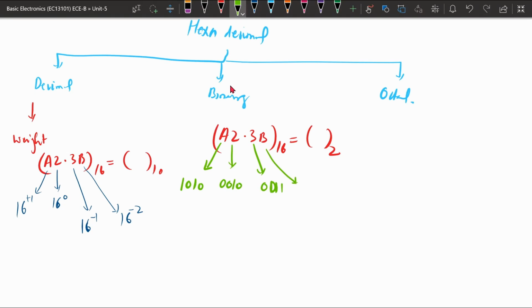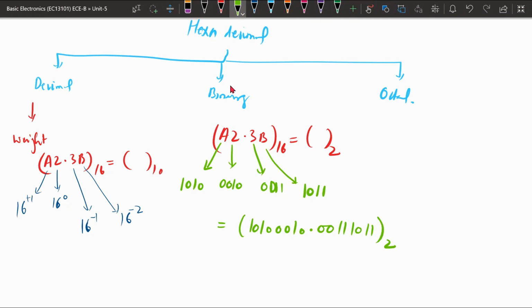B, that is 11, will be 1011. So the equivalent binary representation will be 10100010.00111011. This will be its equivalent binary.